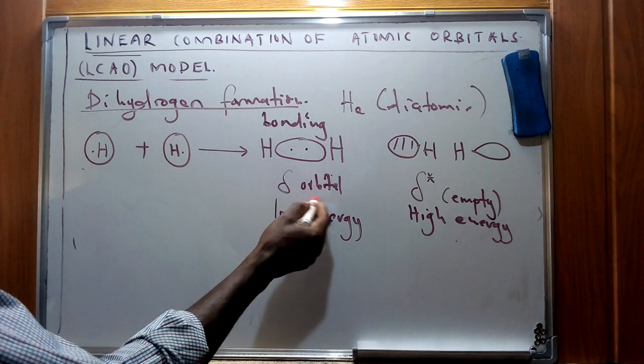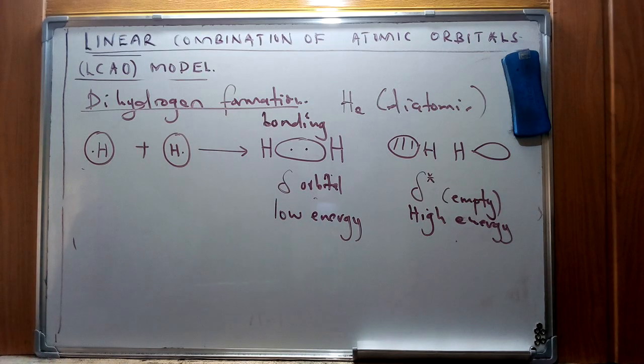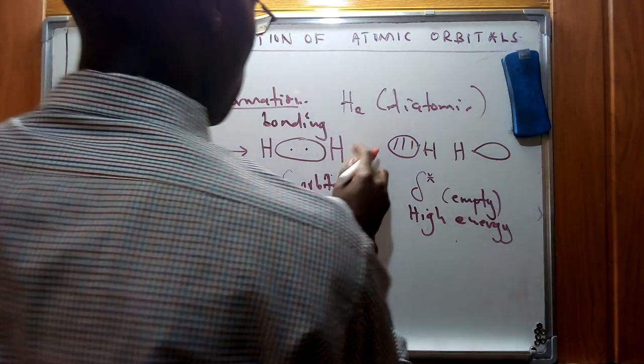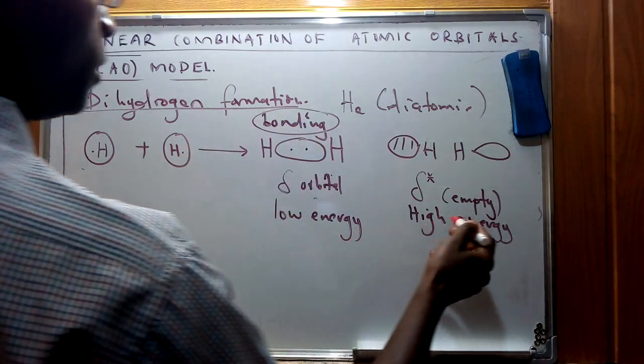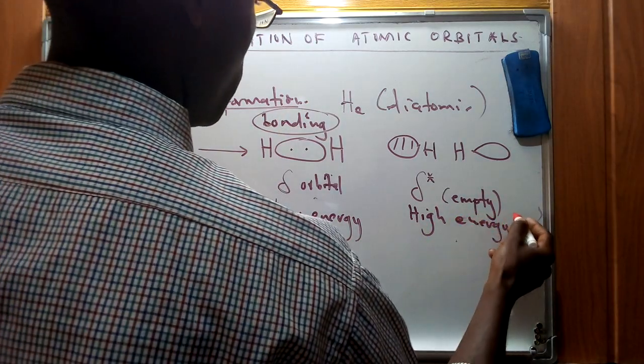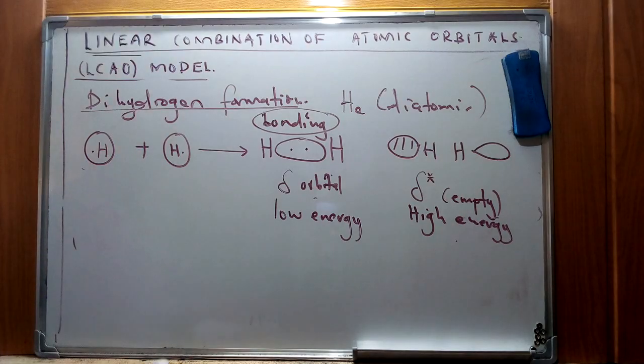Now this is a covalent bond that has been formed in this case, where we can see that there is a sharing of the 2 electrons from the hydrogens respectively. Therefore, since only the bonding orbitals have been occupied and the antibonding ones are empty, the molecule is going to be regarded as stable.